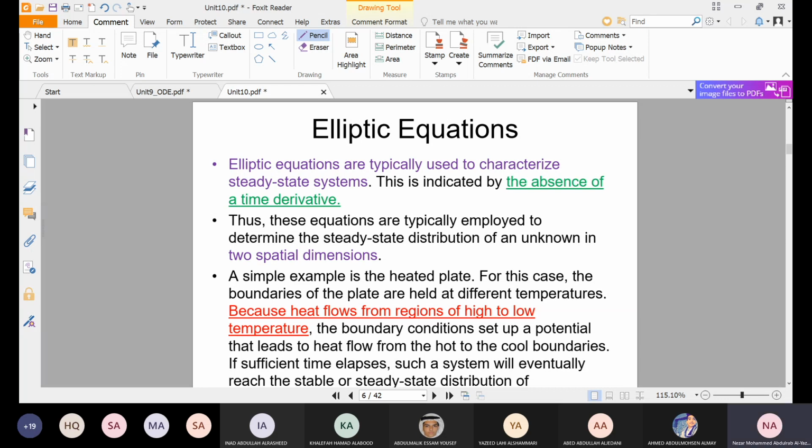A simple example that we will study is when we have a heated plate. For this case, the boundary conditions of the plate are held at different temperatures. So we talk about a plate like this one. The temperature at the boundaries, for example, might be constant at different sites.